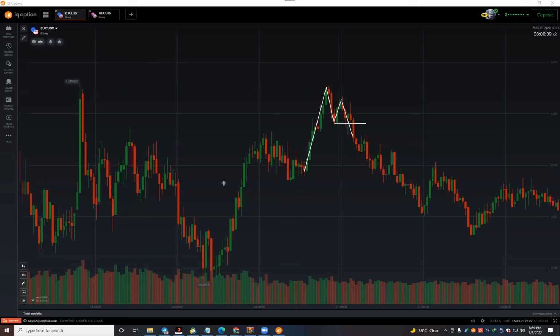Yes, neckline. The neckline is breaking, so we can enter the trade. If the breakout candle is strong, if you want to wait for the 5 minute, it's up to you. If you don't want to wait, you can trade immediately. Okay, so it's not necessary. It's just a filter, waiting for the retracement. But if you want to trade, you can trade. 5 minute, you can win here.